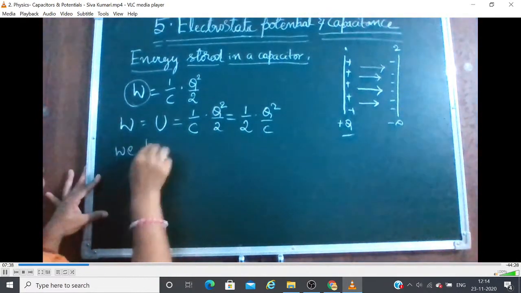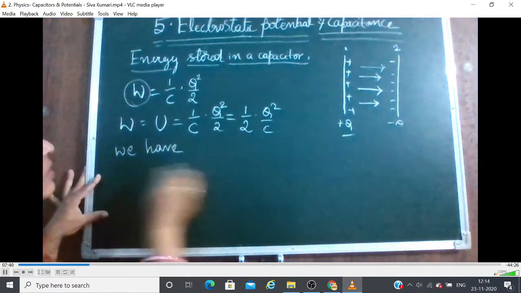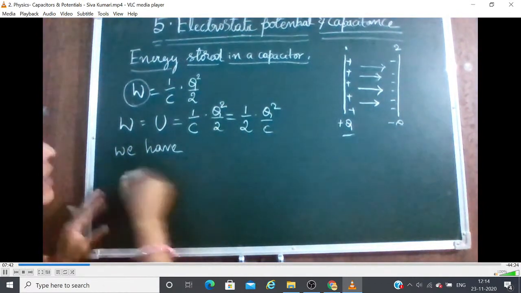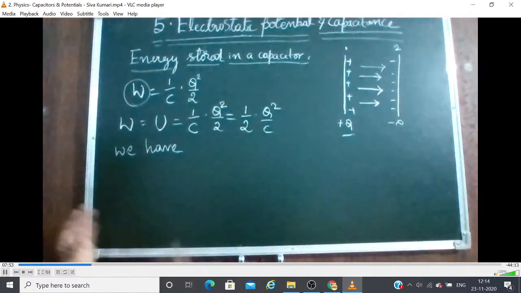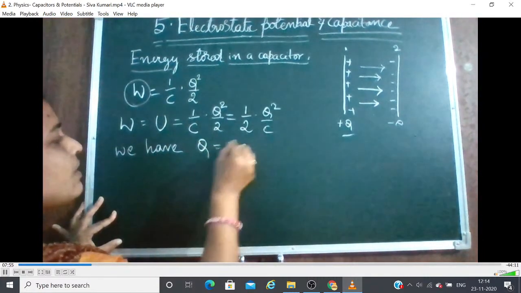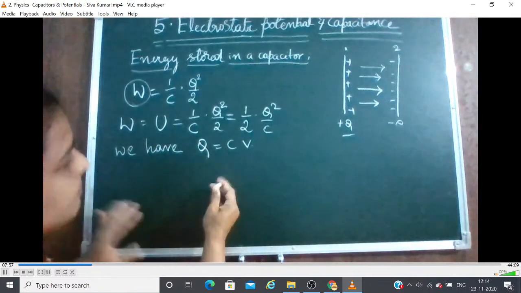Also we have the equation for the capacitance. We have the equation Q is equal to C into V. So we can substitute that equation, Q is equal to CV.